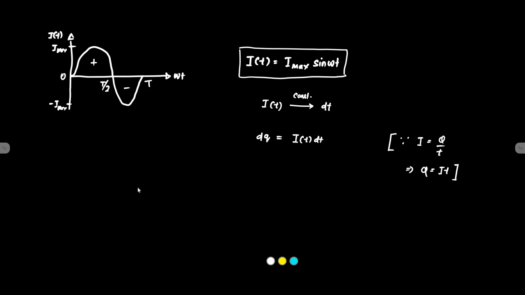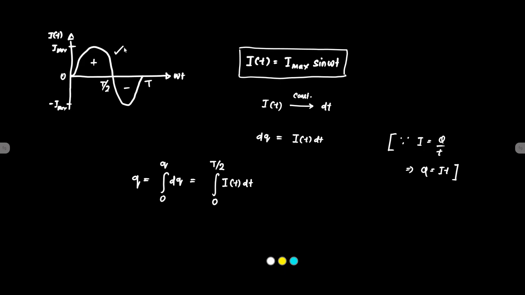Which is equal to the integration of dq, so we are integrating with respect to time, i(t) dt, lower limit 0, upper limit T by 2, the end of the positive half cycle. We are only considering the positive half cycle.